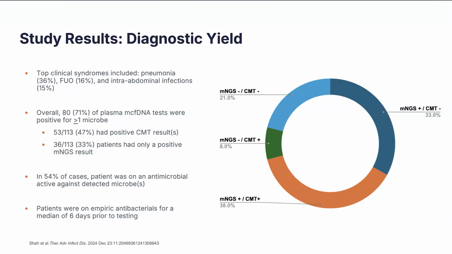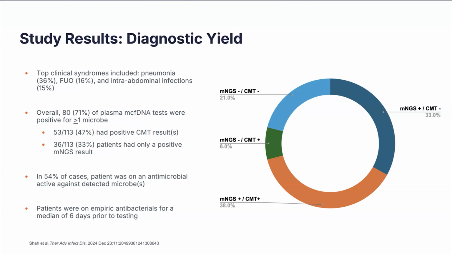So if you shift the focus to the right of the slide, looking at the ring, we divided the results of the Karius test into 4 categories based on the results of the Karius in comparison to the conventional testing, because that's what we used as a gold standard for our adjudication purposes, as Dr. Sohail explained.